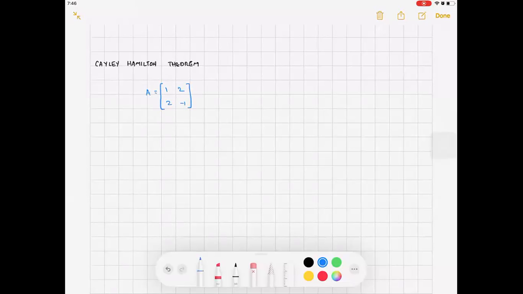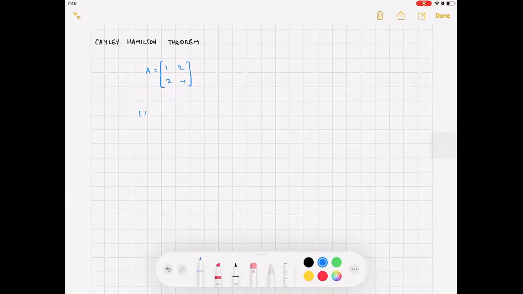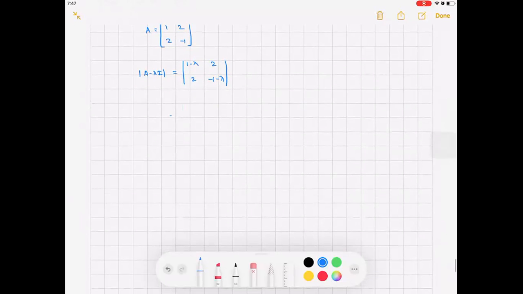It's nothing but the determinant of A minus lambda I. So writing it, the determinant of 1 minus lambda, 2, 2, -1 minus lambda gives me (1 minus lambda)(-1 minus lambda) minus 4.